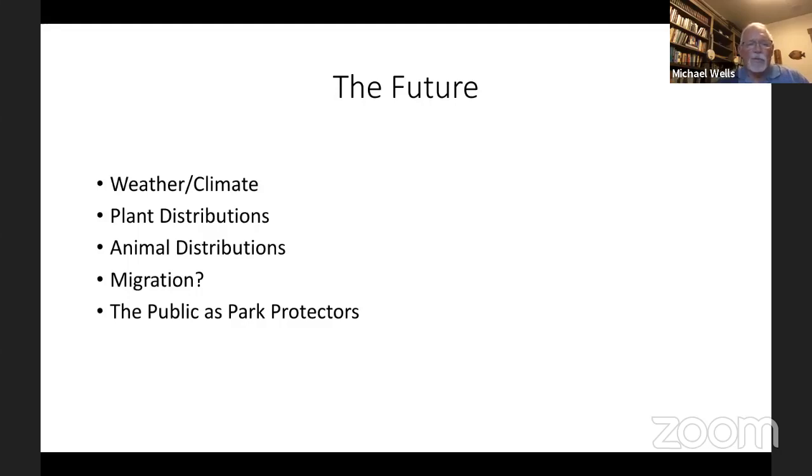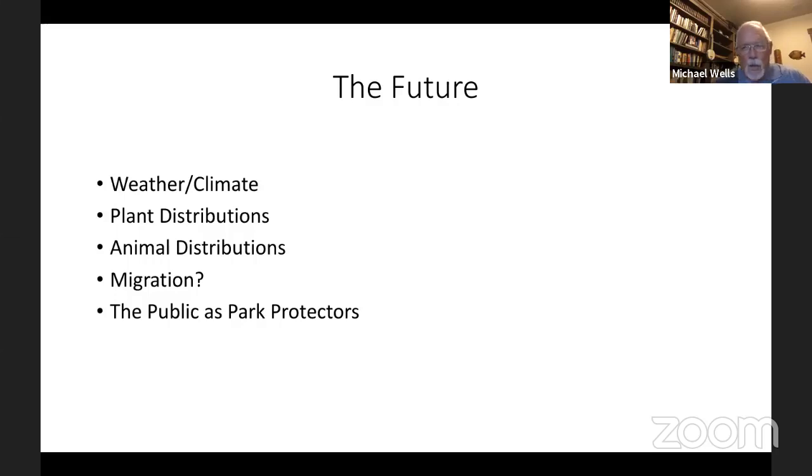For instance, our weather is becoming more like northern Baja than it is to the areas to the north of us, like the Mojave Desert. So it is likely that we will see a biota more similar to Baja. And then also, as the plant distribution changes, we know that animal distributions change.